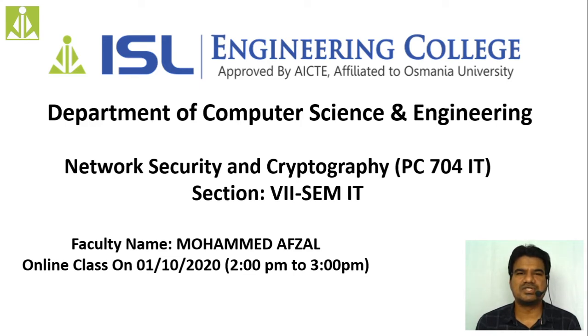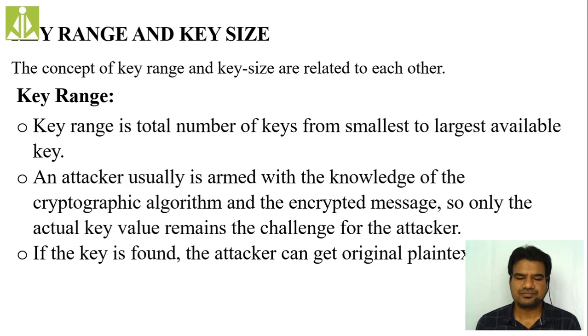Then we discussed the Playfair cipher and a transposition technique like rail fence, isn't it? With these things we concluded our previous video, and in today's video we are going to discuss some of the cryptographic attacks, and also the key size and the key range.